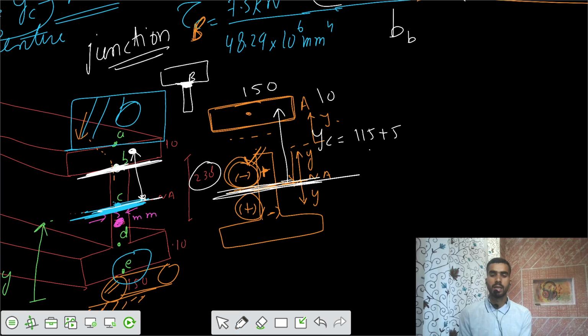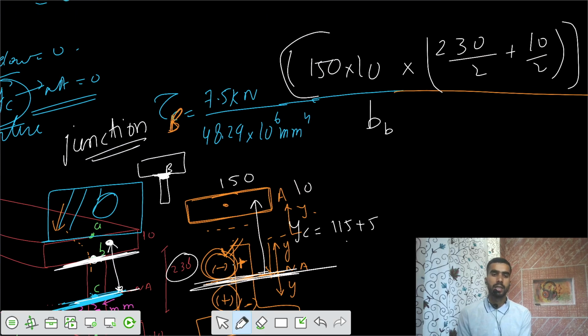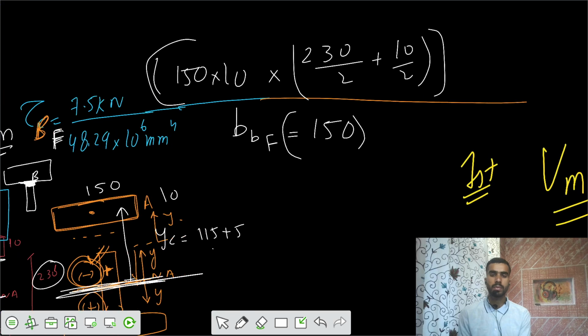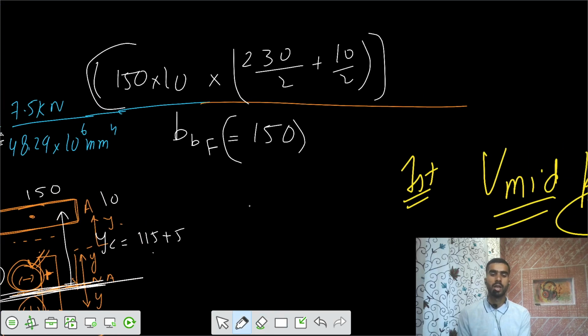I would write tau B in the flange, and for that you have to take the width at B in the flange. That is 150 mm. And you can solve that. Shear stress would come out equal to 0.1863 megapascal.